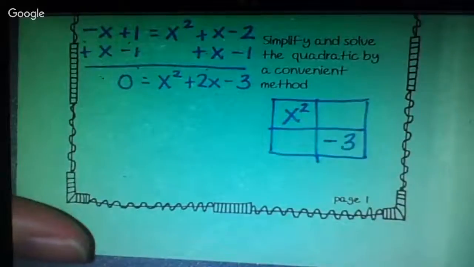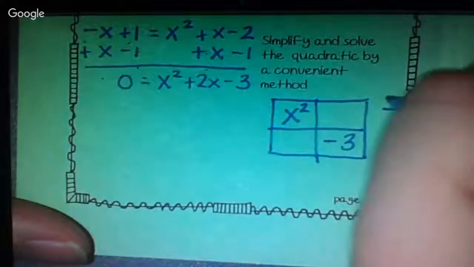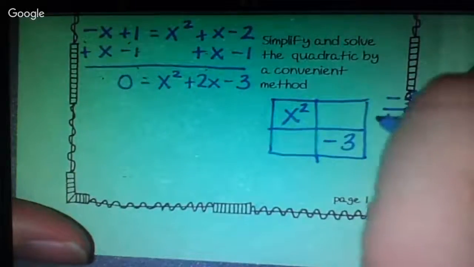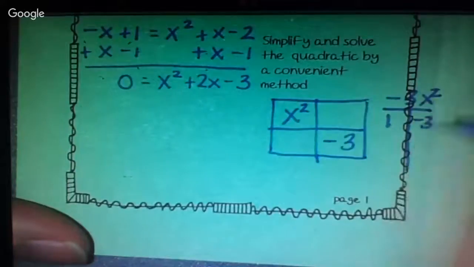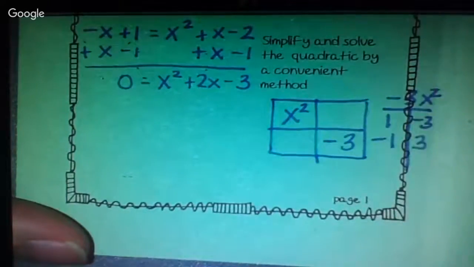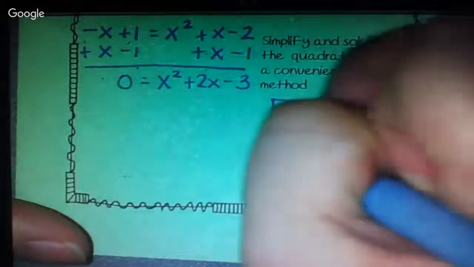I need factors of negative 3. 1 and 3. So either positive 1 and negative 3, or negative 1 and positive 3. They need to go together to give me a positive 2. It's the second one. So we've got negative 1x and positive 3x.